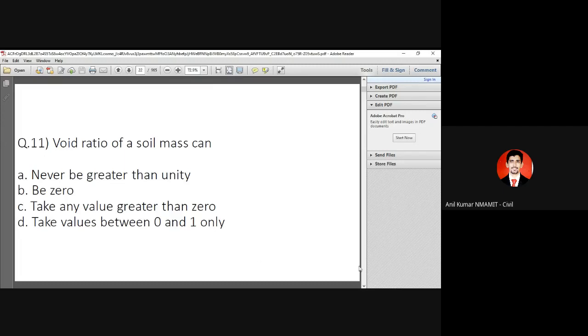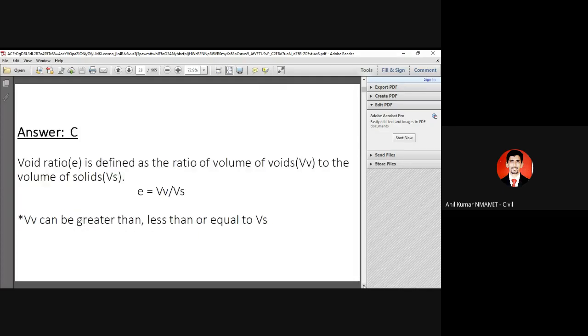Let us find out what the answer is. The answer is C. Very good. Why? Void ratio is defined as the ratio of volume of voids to volume of solids, that is e is equal to Vv by Vs. Therefore Vv can be greater than, less than, or equal to the volume of solids.